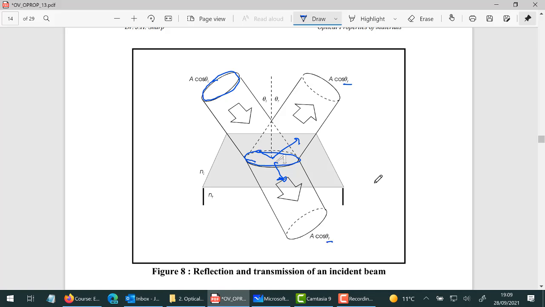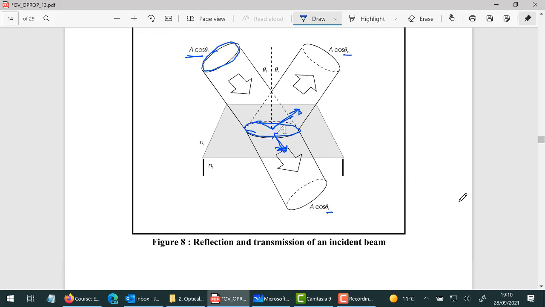And so if we think about the total intensity within that volume, then we have some value A cos theta i, which is then incident on the area A. We have some of it being reflected, some of it being transmitted, and we assume that no light is lost via any other means.